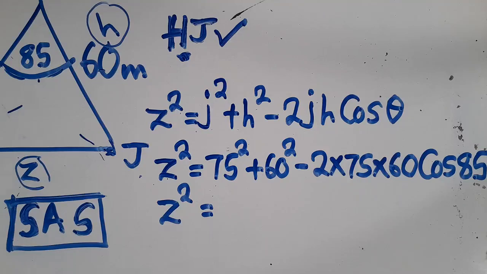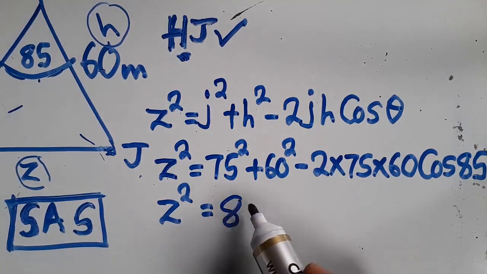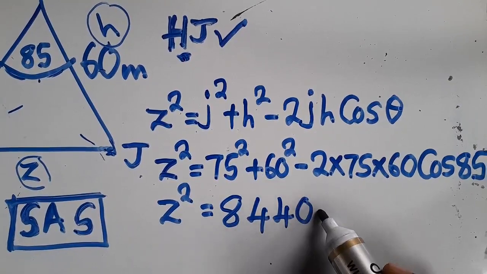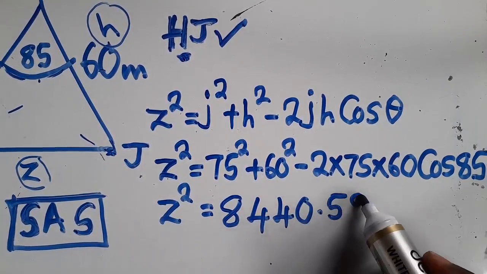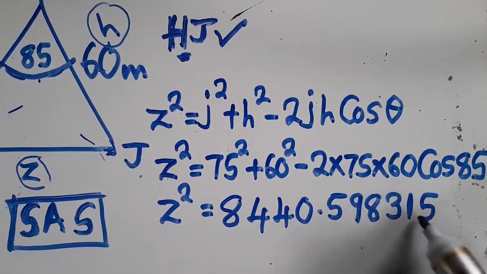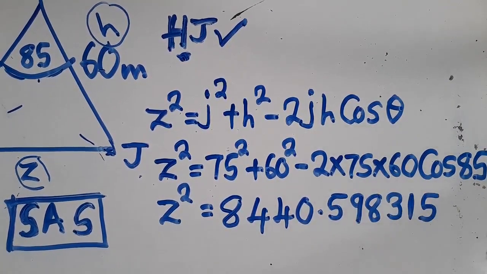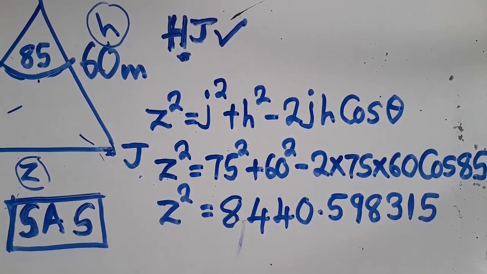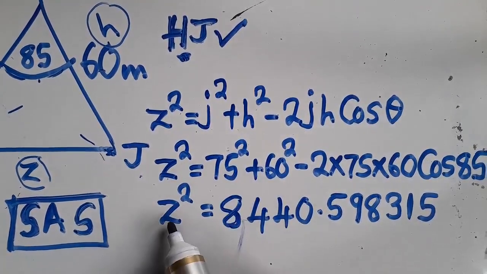What answer have you found? I can see there is a comma there. This comma confuses a lot of people, so just ignore it. The answer is 8440.598,315. I believe this is the answer that you've also found. The comma which is there, just forget it, it will confuse you.